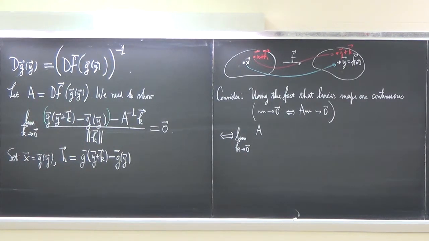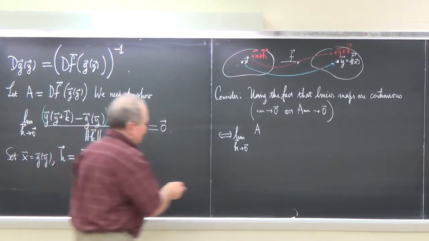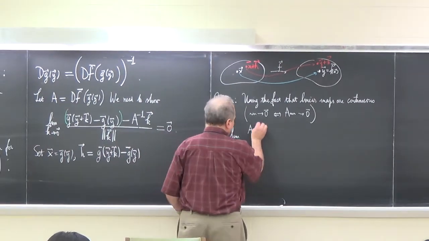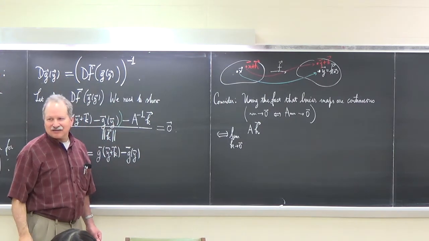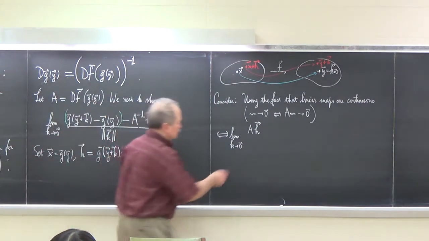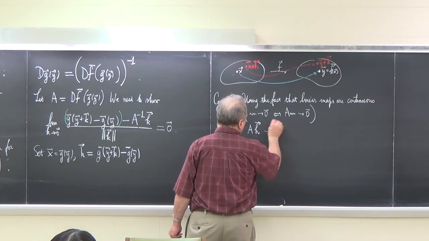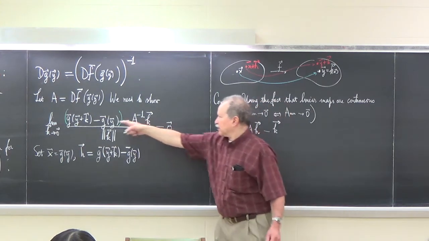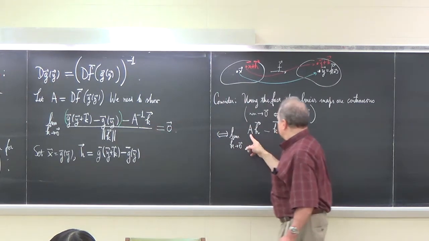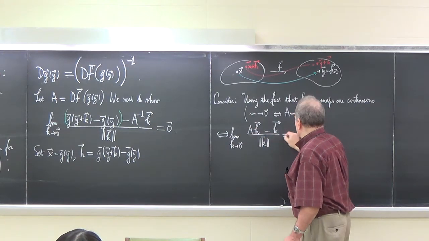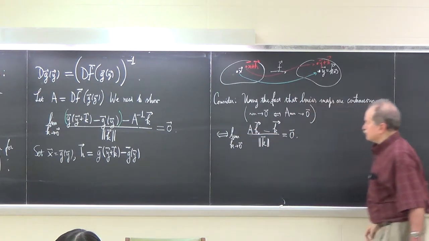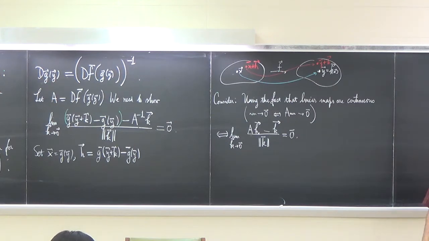That's h. Minus k, because I multiplied the whole thing by a, over magnitude of k. So it's still k going to 0. Still k going to 0.